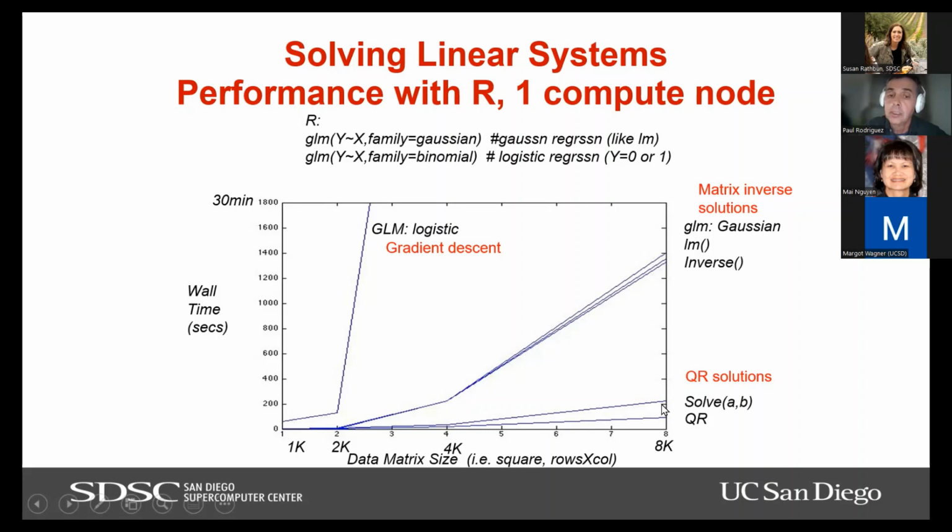They don't grow as fast as these other methods. As your data matrix gets bigger, they don't grow as fast as taking inverses, for example, and inverses don't grow as fast as doing gradient descent. That's the kind of thing you want to keep in mind when you start scaling certain kinds of computations.